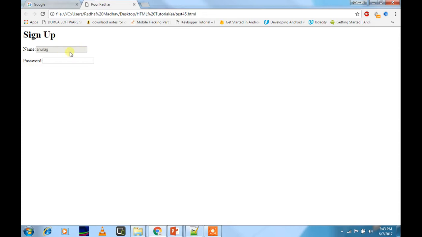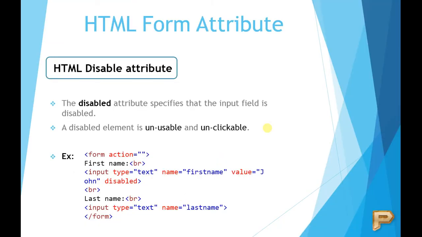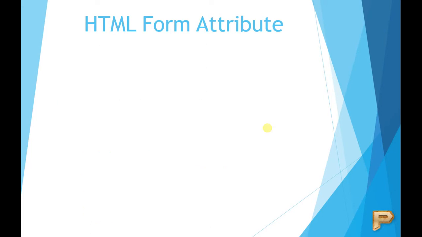It's shown in a different color and you cannot access it. The text is there and you can read it, but it's different from readonly. It's totally disabled and you cannot do anything here. This is the small but major difference: an unusable, unclickable field, which you can create by providing the disabled attribute in your website's form.